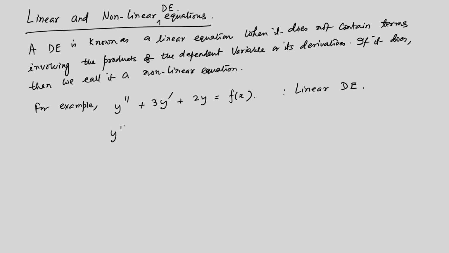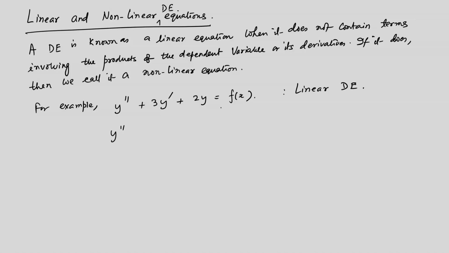This f x could be x square or x cube, that does not change it. That does not change it from linear to nonlinear, because we are only talking about the dependent variable. The dependent variable is y here, y depends on x. So, the independent variable is x and the dependent variable is y.